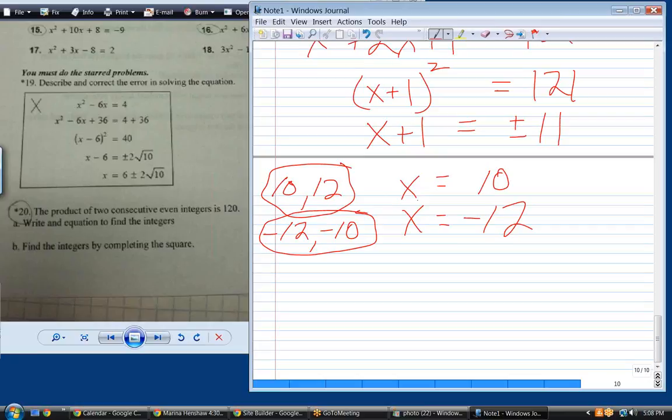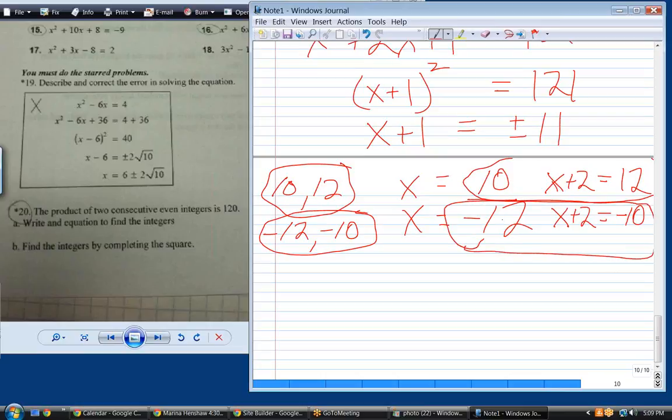Remember that there were two different answers for x, which means there are also two different answers for x plus 2. That would be 12, and this x plus 2 would be minus 10. So here's the first set of integers, 10 and 12, and here's the next set of integers, minus 12 and minus 10.